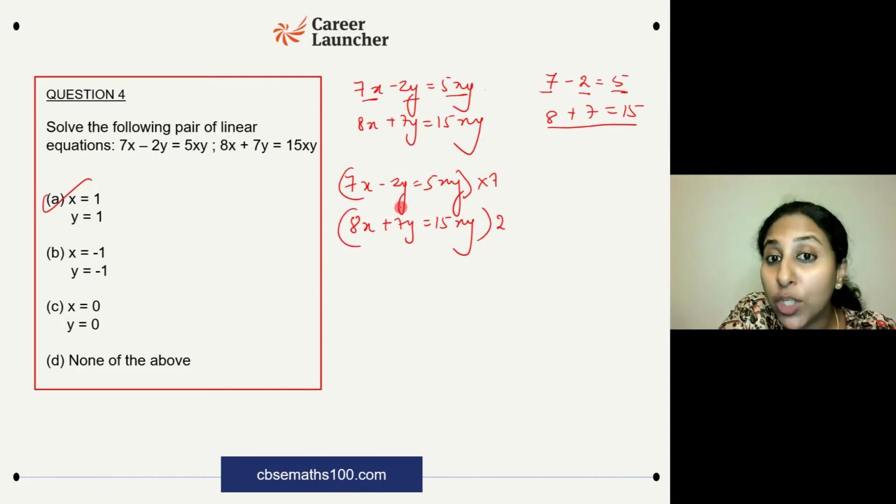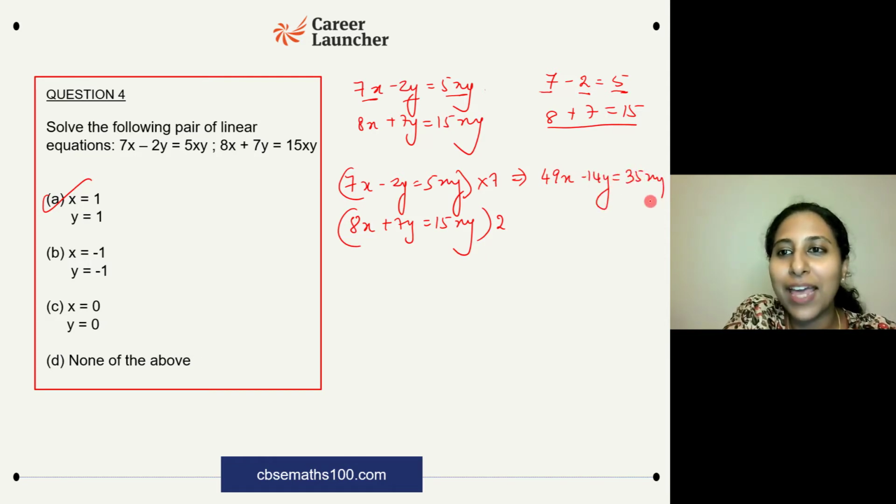We are doing this in order to eliminate y. We want to make the same coefficient for y. So what do we get? Here we have 49x minus 14y equals 35xy. And in the second case, we would have 16x plus 14y equals 30xy.